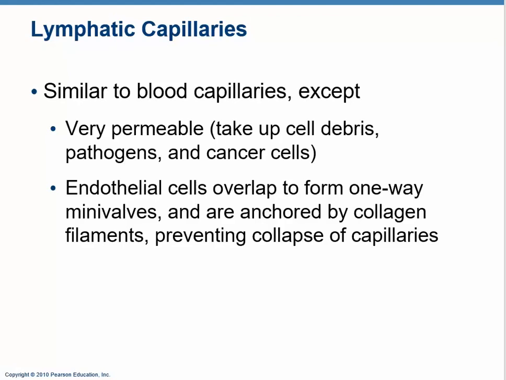Not only do they take up liquid more easily, but they also are more permeable to larger things. And these endothelial cells, this squamous epithelium, rather than being held together by tight junctions and butted together, they overlap each other, and these little flaps are called mini valves.